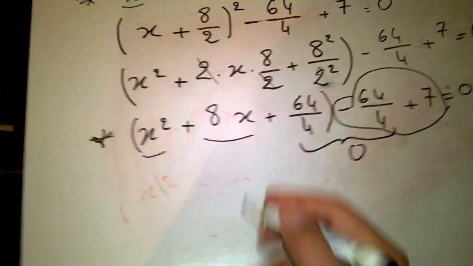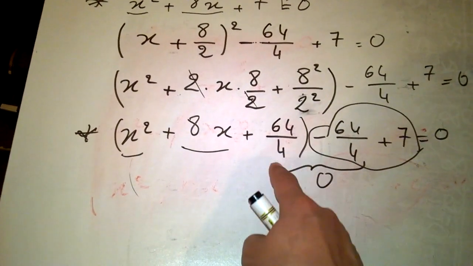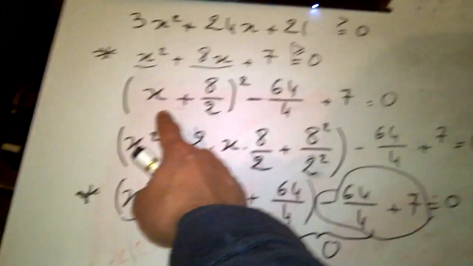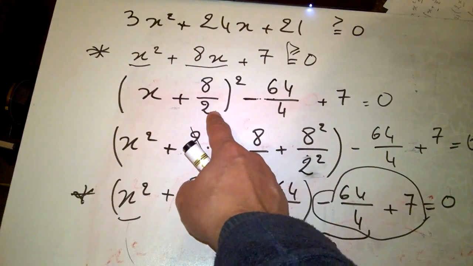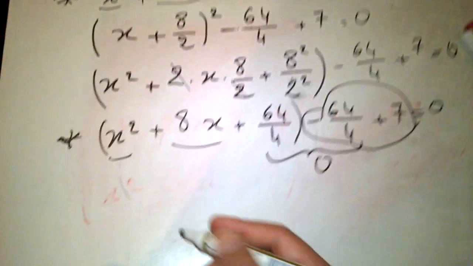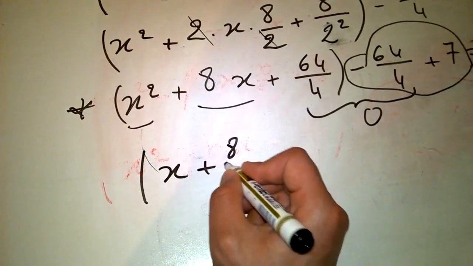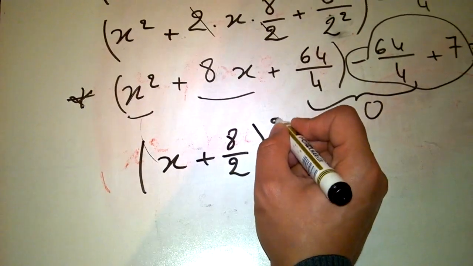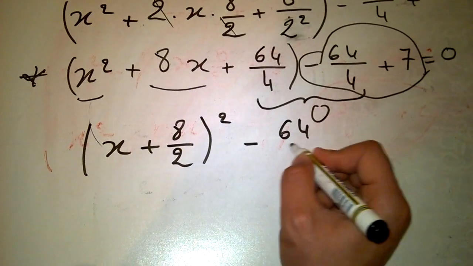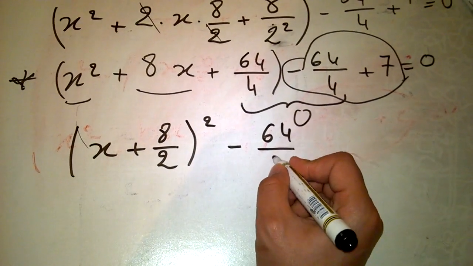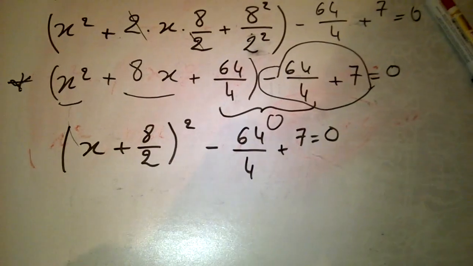So what we will get, this x squared plus 8x plus 64 over 4 is x plus 8 over 2, which is 4, square. So x plus 8 over 2 all square minus 64 over 4 plus 7 equal to 0.